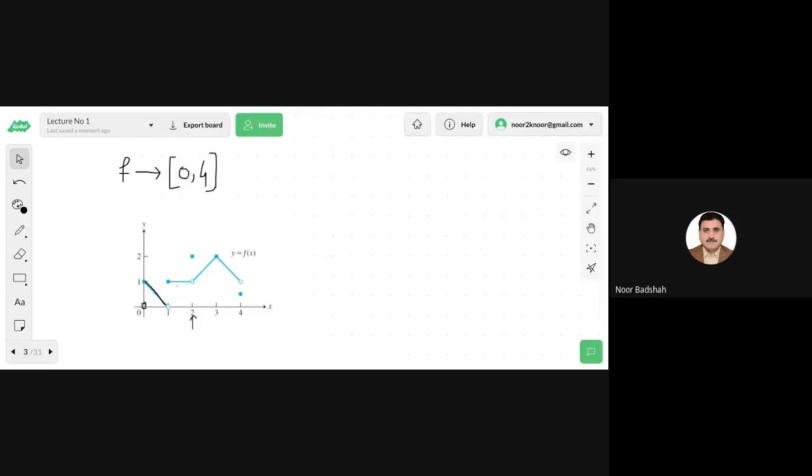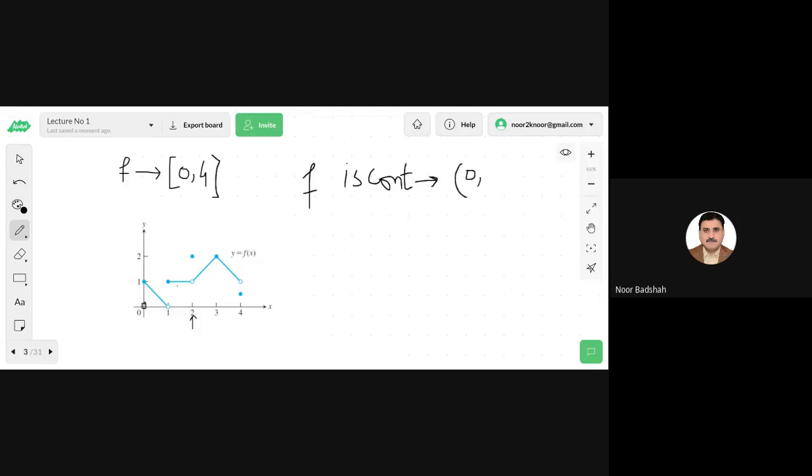So from here, we can conclude that f is continuous in this interval, in the open interval 0 to 1.